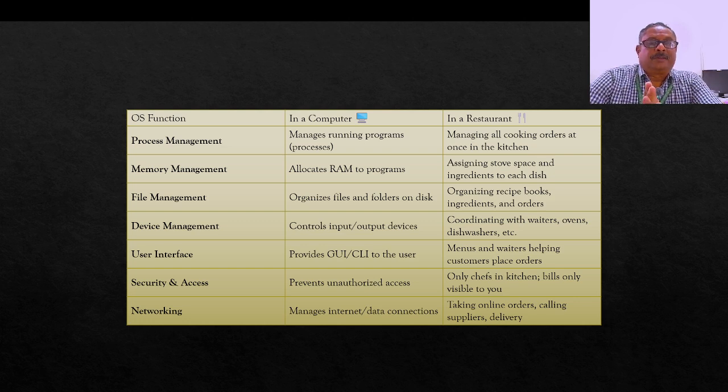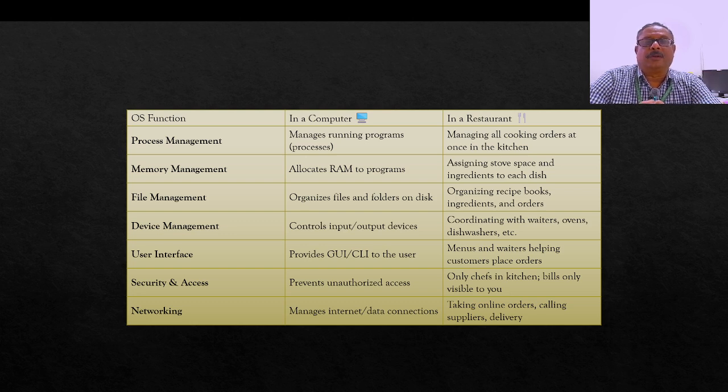The various operating system functions we can list out, like process management. In our computing world, we say that it manages various programs running, which we call processes. In the restaurant version, it is managing all the cooking orders at once in the kitchen.